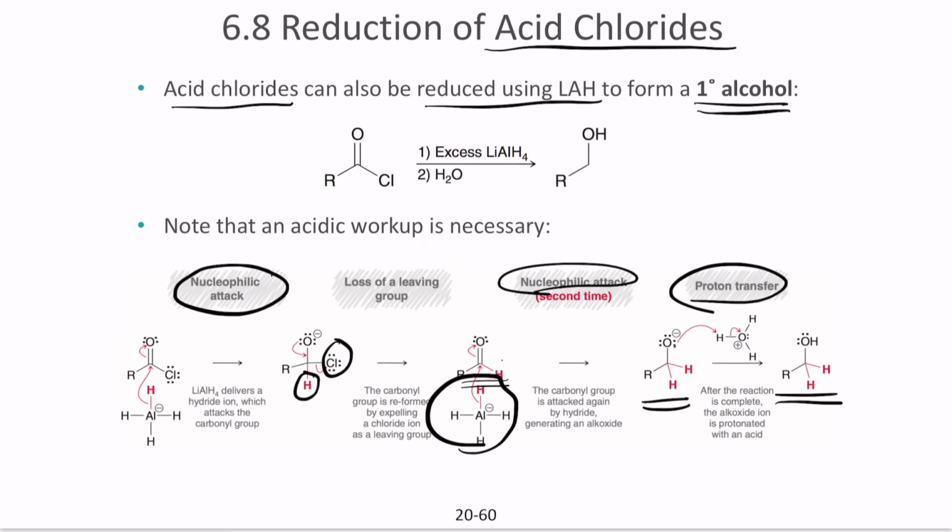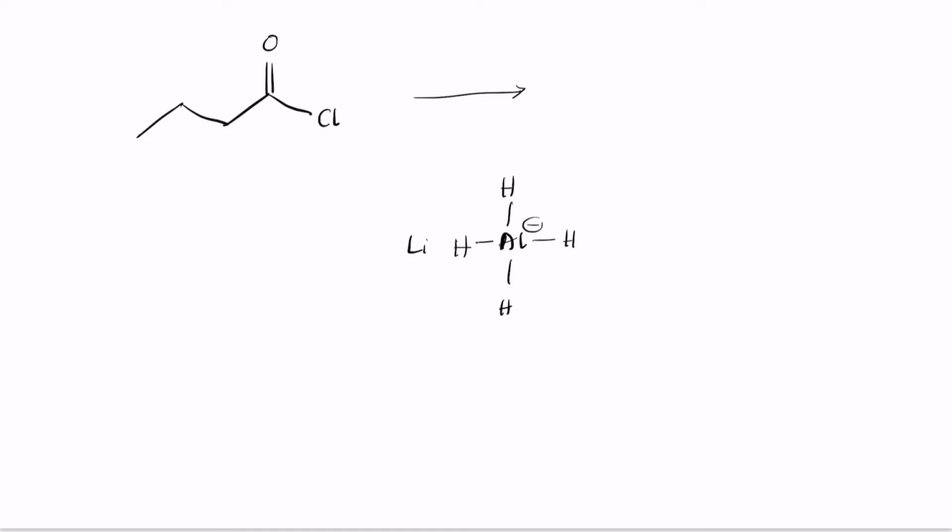So let's say we have a simple acid chloride. So let's say this is the acid chloride that we are working out. So what happens when you have LiAlH4 is, remember that LiAlH4 splits into Li plus and AlH4 minus. So AlH4 minus can also be written as Al with hydrogens on each corner with a negative charge.